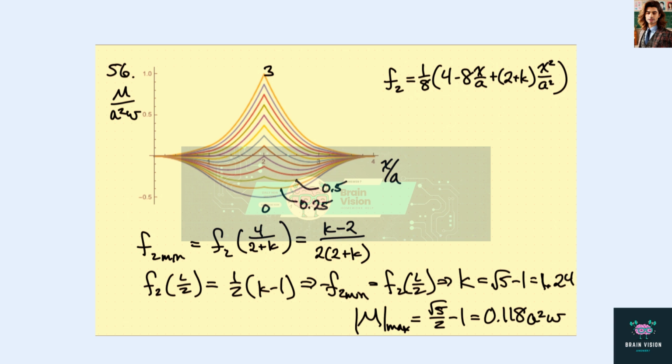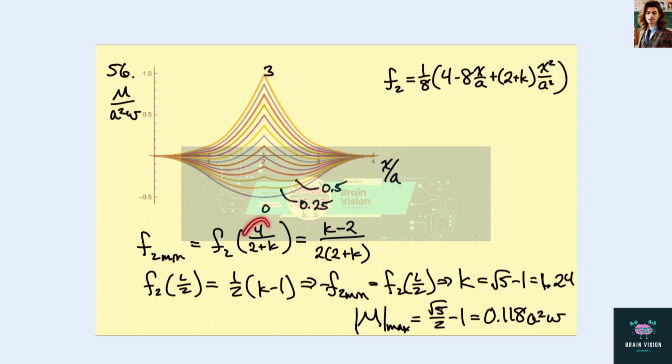Obviously, it gets below 1, so we would have to start looking in the other region, but we don't care about that. We know that k is going to be greater than 1, where we do have a minimum in the region from 1 to 3.